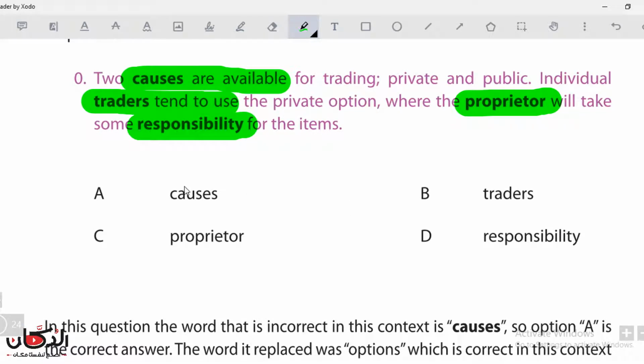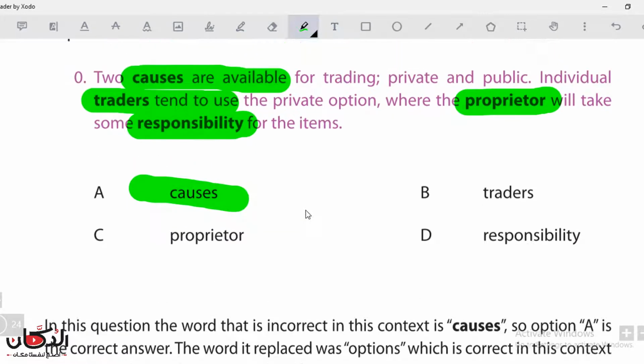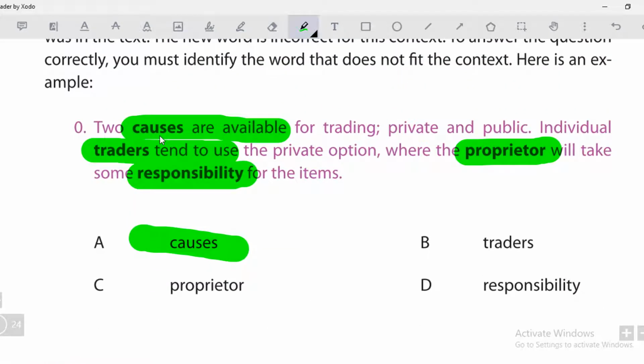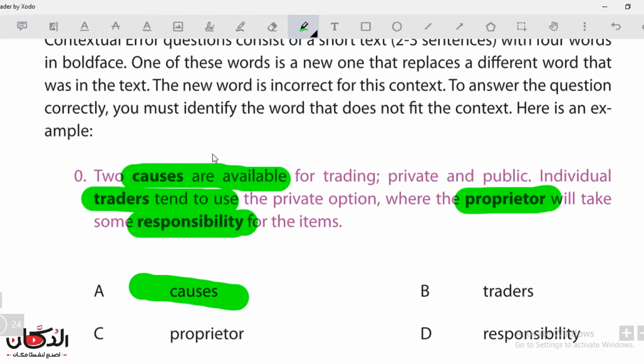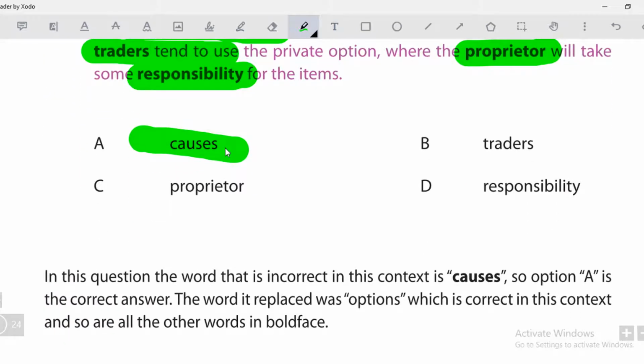Yeah, causes. It doesn't fit here. Also, if you want to make sure, you can think quickly of a word that fits here. Like here, you can say there are two options, two types available for trading. Yes, two options, two types. Okay, but it cannot be two causes.